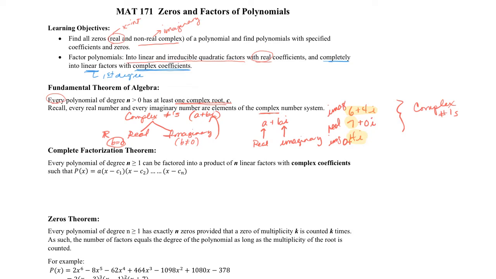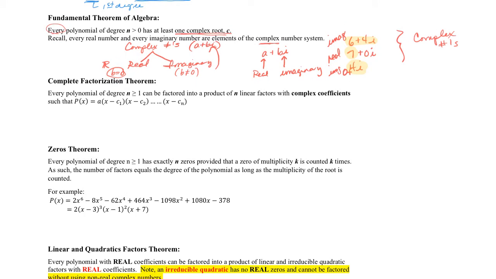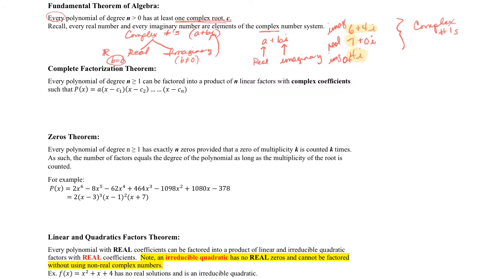Okay. The complete factorization theorem tells me that every polynomial of degree greater than or equal to 1 can be factored into a product of n linear factors. So whatever the degree is tells me the number of linear factors. And the caveat here is that I have to be able to use complex coefficients. So complex coefficients means I have to be able to use imaginary numbers if I'm going to factor it into a product of linear factors. So everything is first degree.